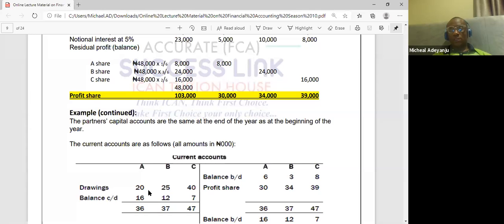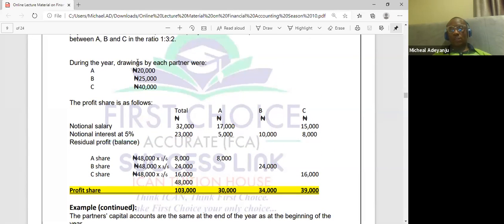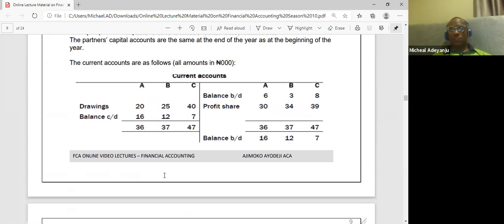Remember the drawings. The drawings were 20,000, 25,000, and 40,000, which was how they got it in this place. So the difference between your credit side and your debit side is what we have as balance carried down of 70,000, 49,000, and 7,000 for partner A, B, and C respectively.